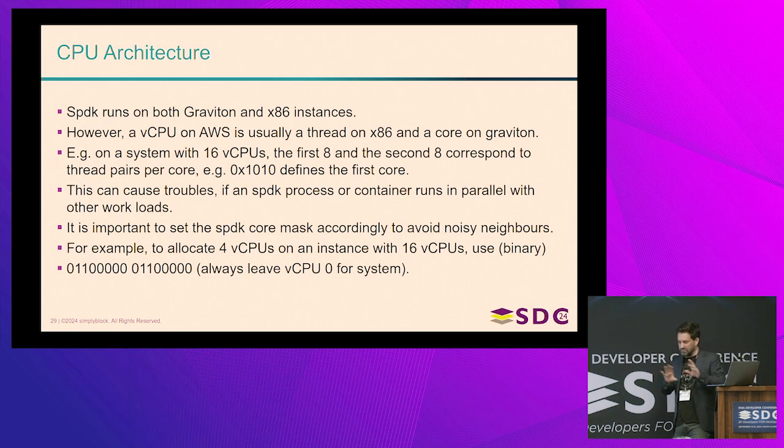We have quite a sophisticated core mask, and now the problem comes in. On ARM, everything works fine because they give us one vCPU, one core, but on x86 they give us one vCPU, one hyperthread, and that's a problem because if the other hyperthreads are busy, they will be a noisy neighbor.